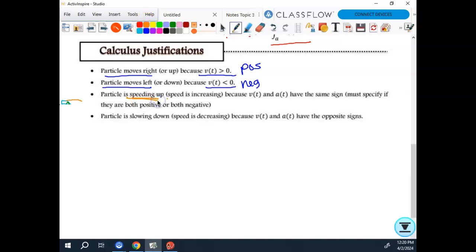Speeding up, so our speed is increasing. V of t and a of t have the same sign. And you have to specify if they're both positive or both negative. You can't just say same or different. You have to specifically say what the sign is. If it's slowing down, speed is decreasing. V of t and a of t have opposite signs. All that sound familiar?